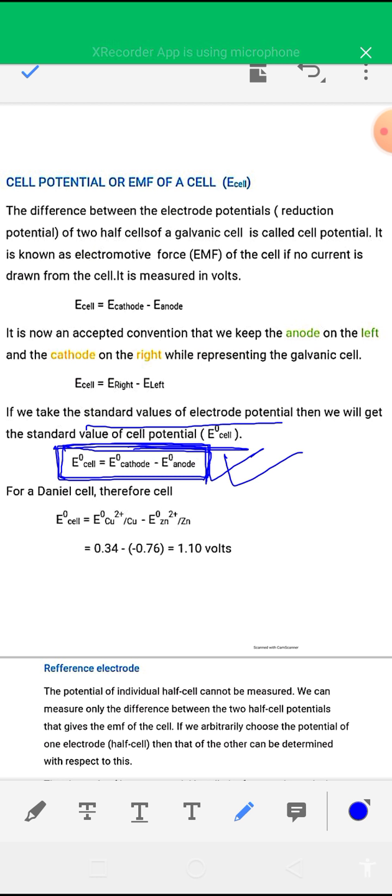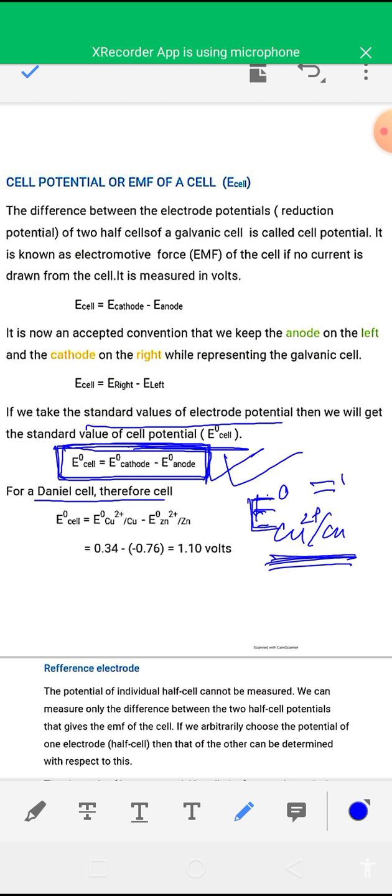For example, for a Daniell cell, zinc electrode and copper electrode are used, and the copper electrode acts as the cathode, and the zinc electrode is used as the anode. Okay, so the standard electrode potential of the copper electrode, which you represent like this, Cu2+/Cu, is equal to 0.34 volt.